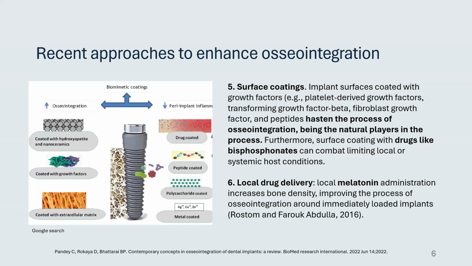Another approach is by using surface coatings. These can be multiple substances like growth factors, platelet-derived growth factors, fibroblast growth factors, and peptides. These are the natural layers in the process of osseointegration, so therefore they can hasten the process.